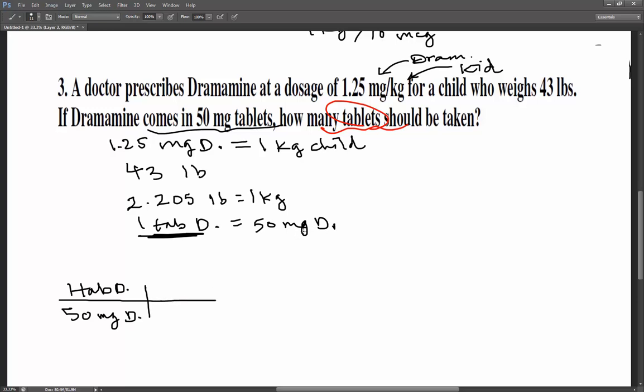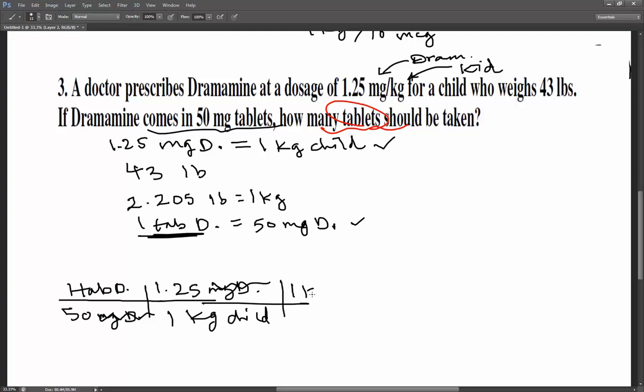Now I need to get rid of milligrams of Dramamine. I can check this off. I've used it. Here's milligrams of Dramamine. I see we have 1.25 milligrams of Dramamine in every 1 kilogram child. Milligrams of Dramamine cancel. Use that. And here's kilograms. And of course, this is a conversion factor that works for anything, including a child.